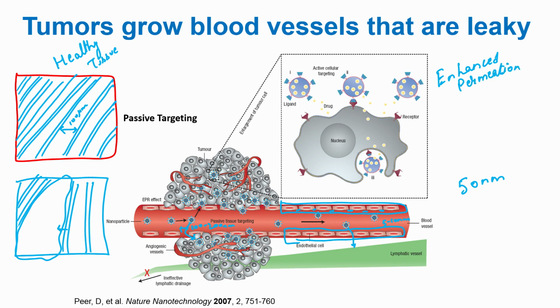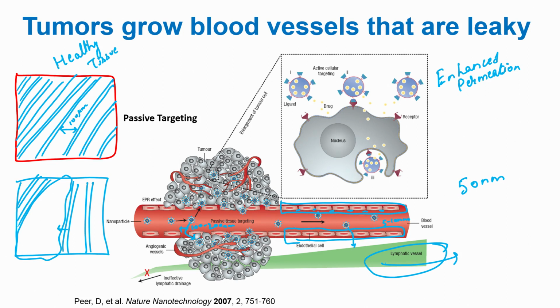And then the other thing which is shown here is lymphatic vessels. Similarly, the lymphatic vessels are not very well formed. The major job of the lymphatic vessels is to take extra fluid out of the system. Since the lymphatic vessels are not very good, you get fluid accumulated in the tumor region as well.